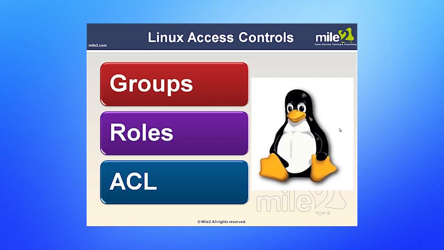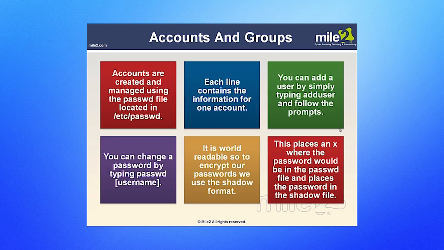Now, dealing with the Linux side, we're looking at groups, roles, and access control lists, and trying to get an understanding of permissions in the Linux world. Accounts and groups. Now, in the Linux world, accounts are created and managed using a password file, and this is held in the /etc/passwd file.